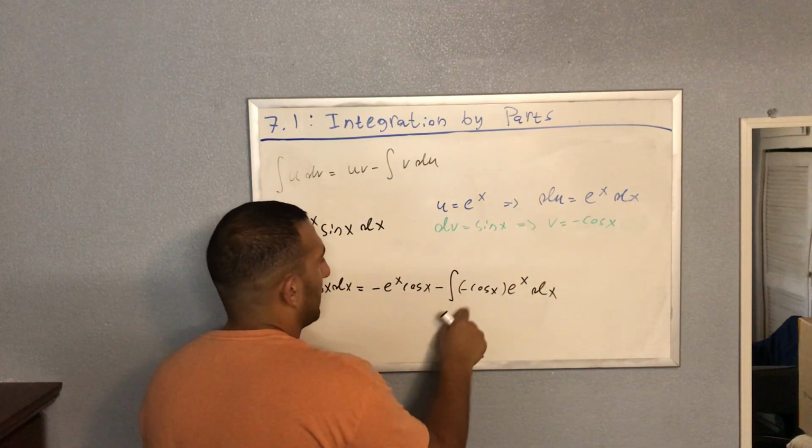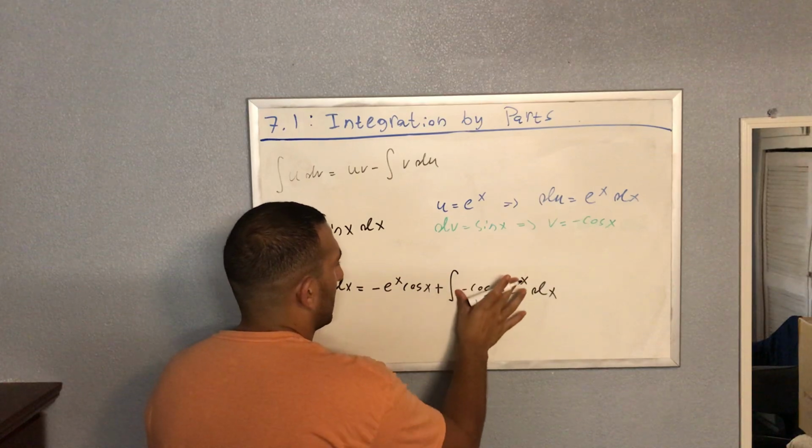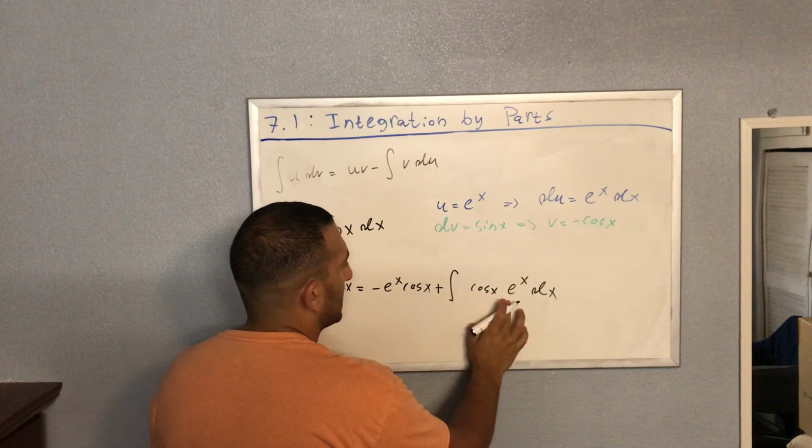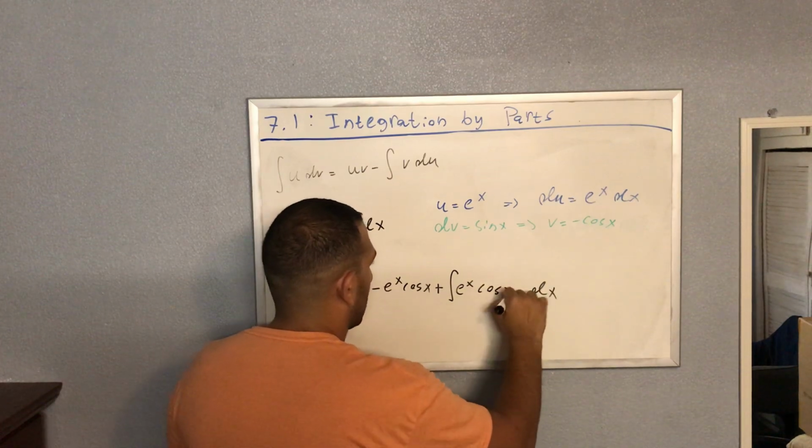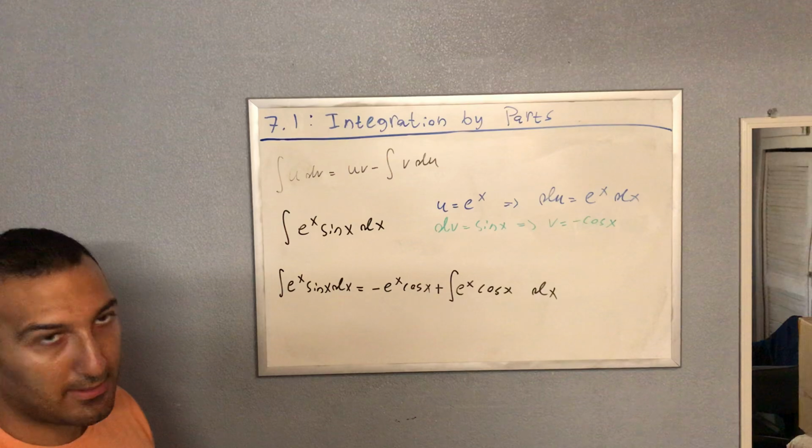Now this minus sign I'll float out to turn this into a plus. And then cosine x times e to the x, I'll just write it as e to the x cosine x instead. The order you multiply things doesn't matter.